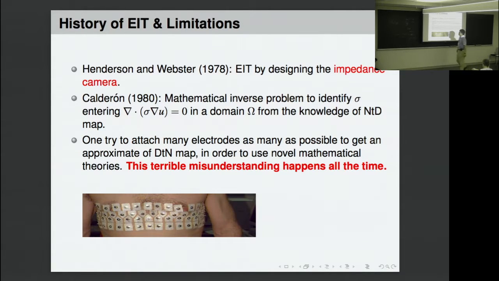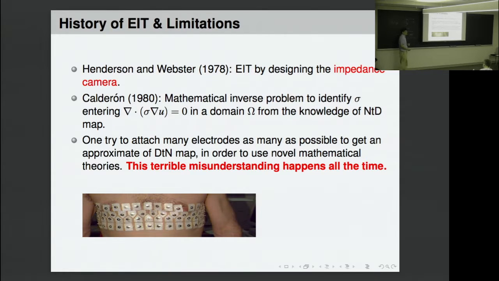But why do many people study this EIT system? Calderon is my grandfather, because he's in harmonic analysis, his grandfather. He somehow gave the motivation for the study of the inverse problem. The mathematical inverse problem to identify the conductivity is called the Calderon problem.